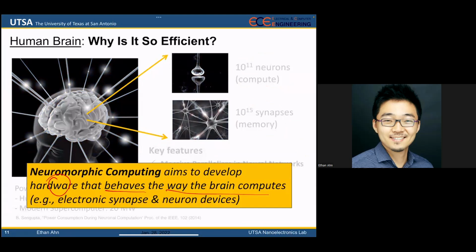In the area of neuromorphic computing, we aim to develop hardware that behaves the way the brain computes. We are trying to see if we can make artificial devices, by electronics or other technologies, that have synaptic functions and neuron functions.